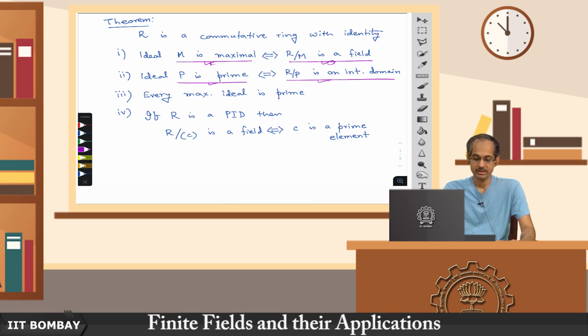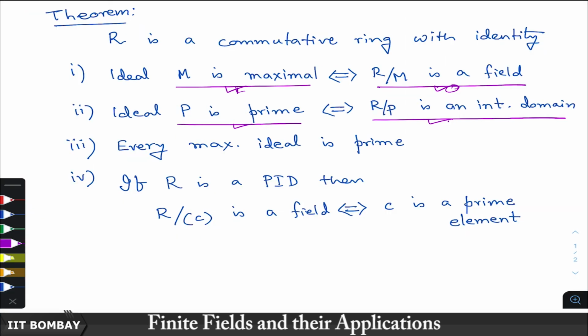Now, the fourth one is particularly relevant for PIDs, principal ideal domains, like the integer ring and, as we will later see, also the polynomial rings, which are very important for us. For PIDs we know that every ideal is generated by an element. So, take ideals of that kind, the ideal generated by the element C here, and take the quotient ring.